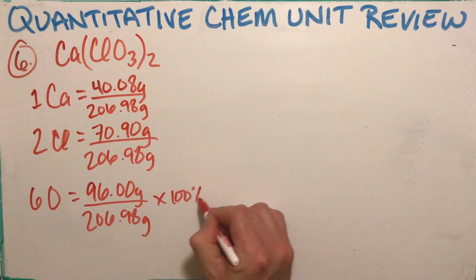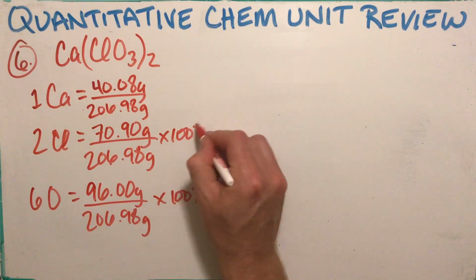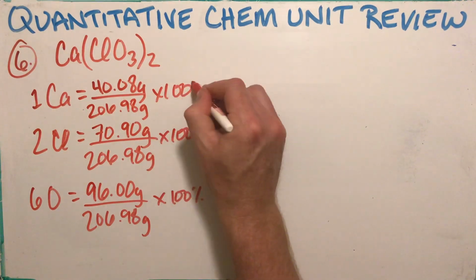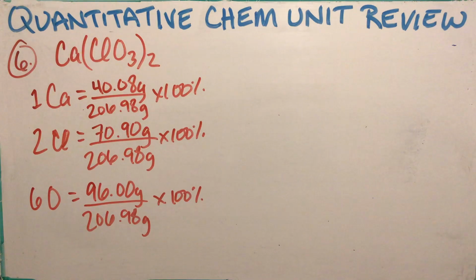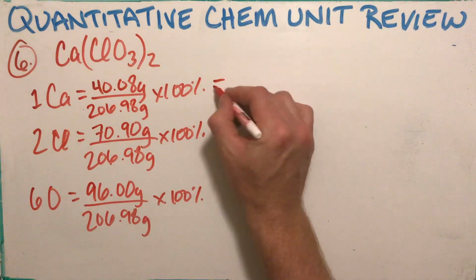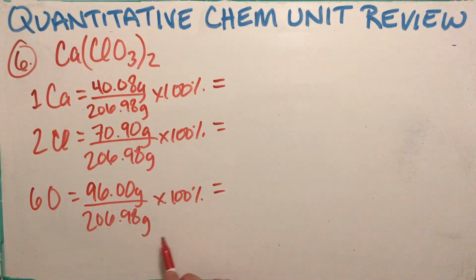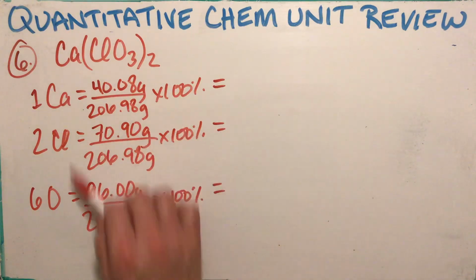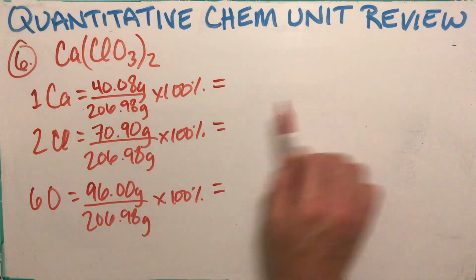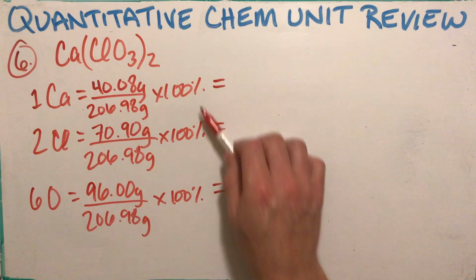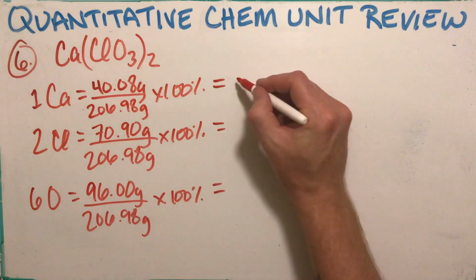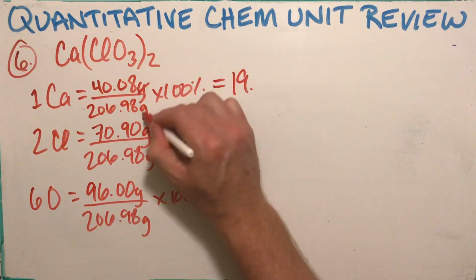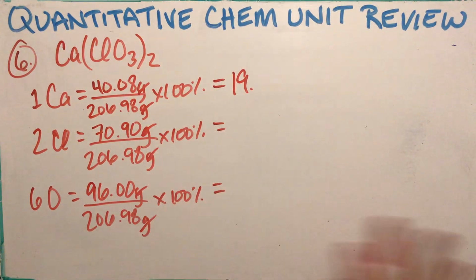And then, of course, because it's a percent, I've got to multiply it by 100%. Some people forgot to show this percent sign, right? If my answer is going to be in a percent, then the percent has to be over here somewhere. It just can't appear over here and not be in here somewhere. So don't forget these percent signs. So when I do that really quickly, these grams all cancel. Grams divided by grams is no grams.